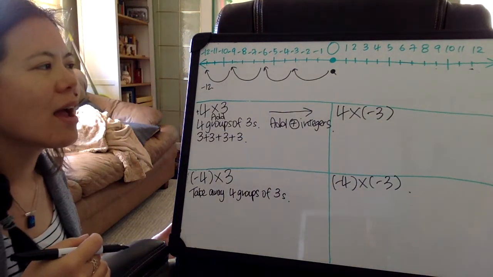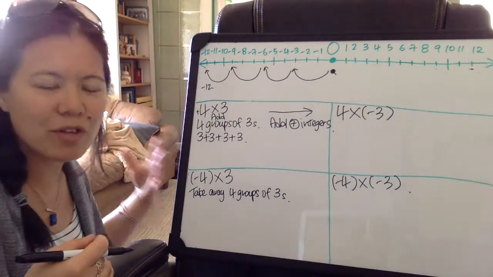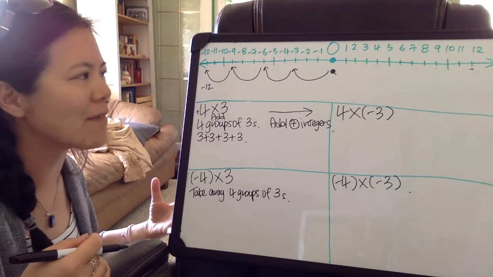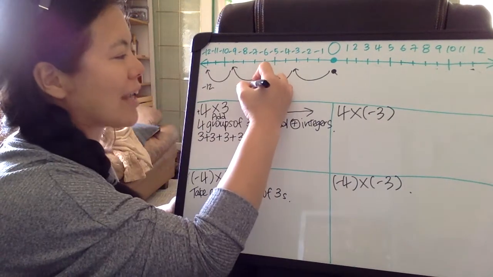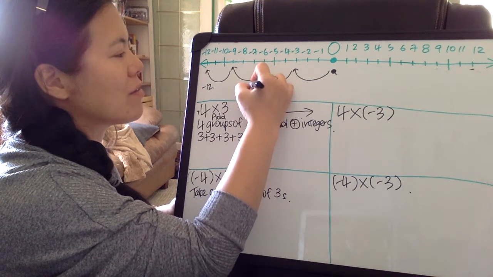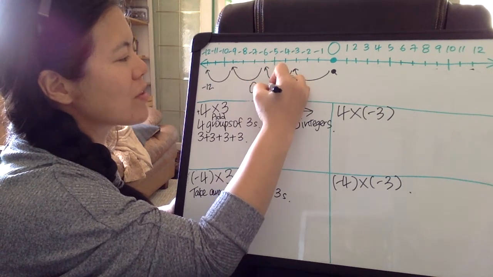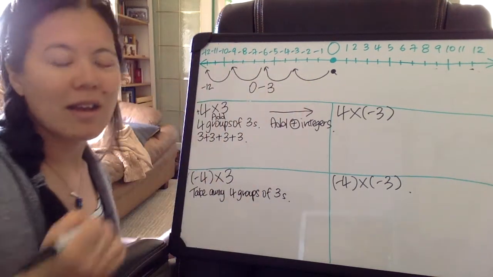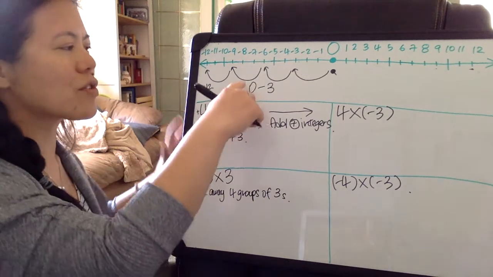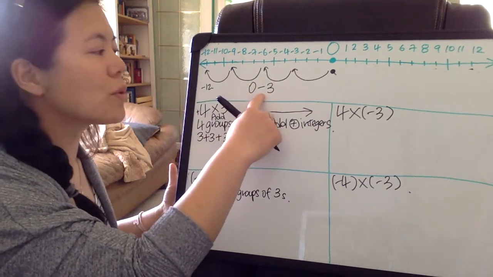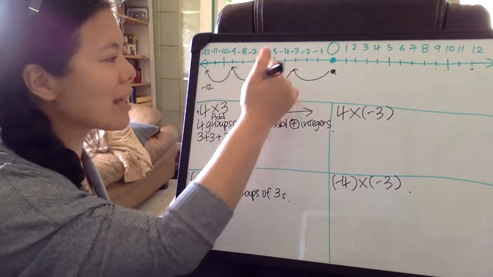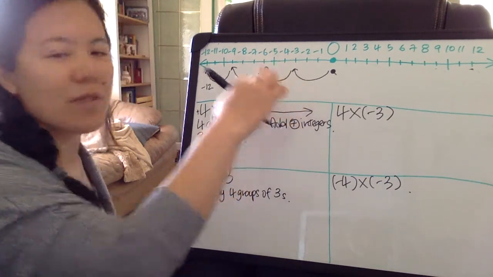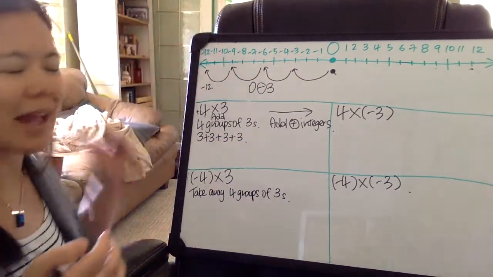Doesn't this look very much like when you're doing subtraction? If I said, okay, I would like you to do 0 minus 3, then you start at 0. You take away positive 3 integers. That's exactly what I did.